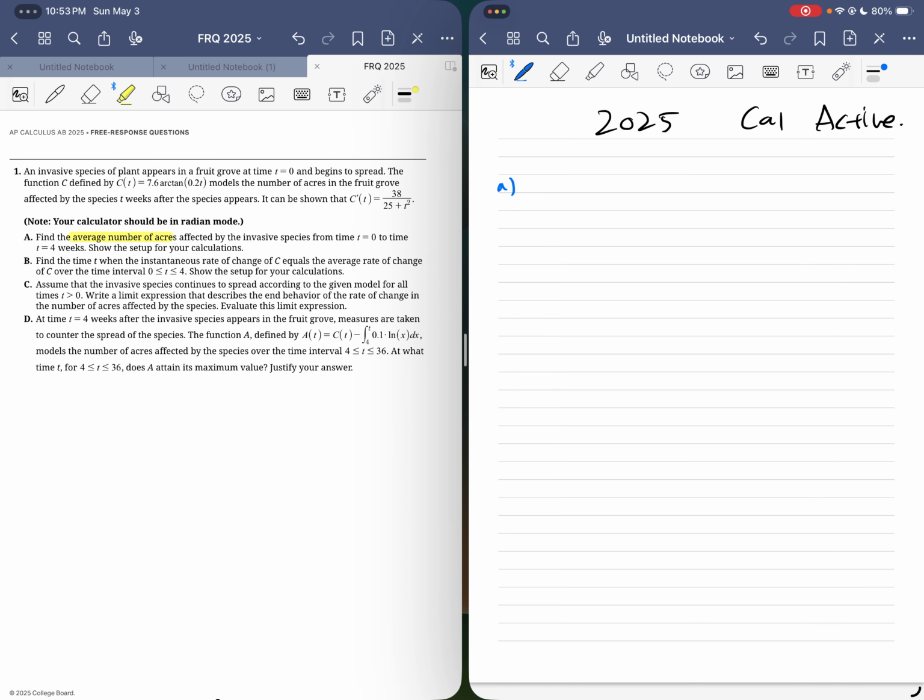So it's going to be 1 over b minus a, integral from a to b of f of x dx. So that's the formula, right?